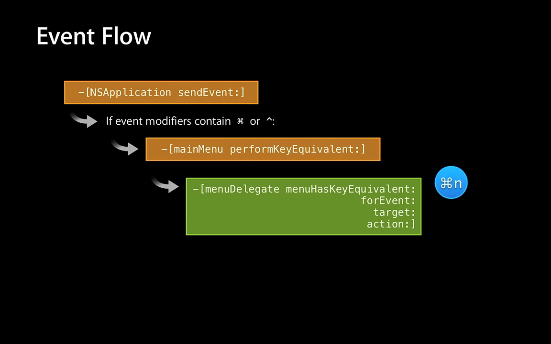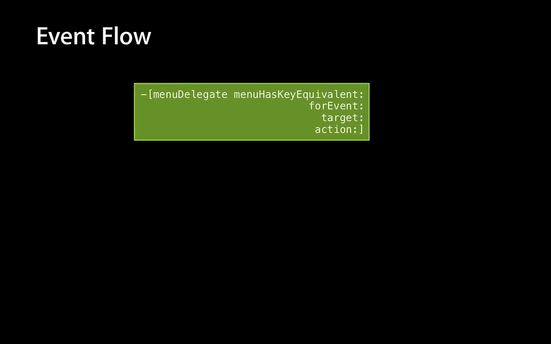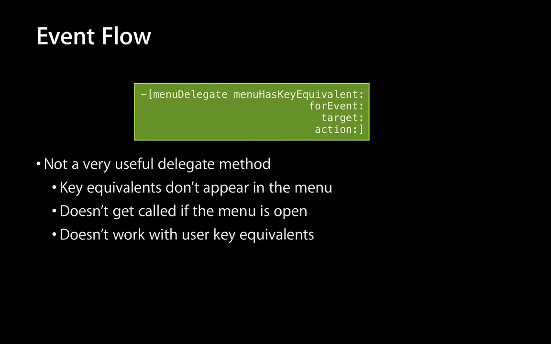And this looks tempting, but in fact, this is a problematic method for a couple reasons. One of them is that if you just dynamically say yes, it had it, or no, it didn't have it, we don't know what to draw in the menu item. And it doesn't get called if the menu is opened. So if the user opens the menu and then types a key equivalent, this method will not get called. And lastly, it doesn't work by default with user key equivalents. You'd have to go to heroics to make user key equivalents work with this type of delegate method.